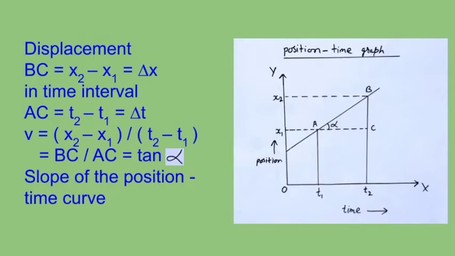Or velocity is equal to the slope of the position time curve. Here we see that the velocity of an object in uniform motion is numerically equal to the slope of the position time graph. So in uniform motion, we can obtain the magnitude of displacement from the velocity time graph and the magnitude of velocity from the position time graph.